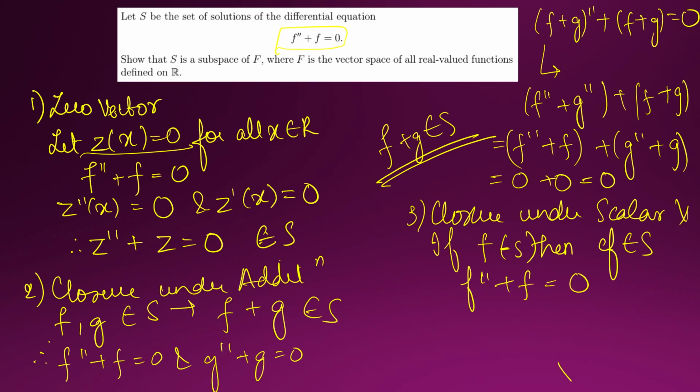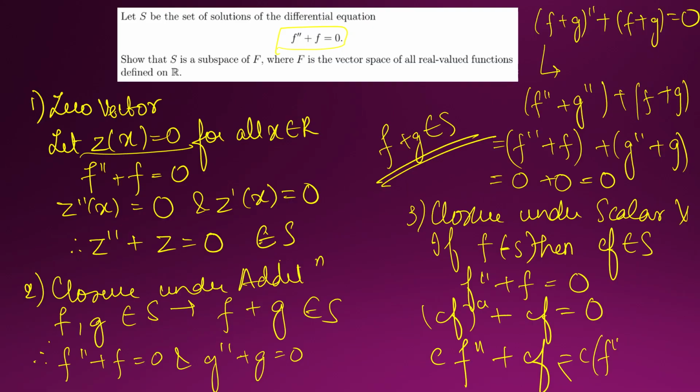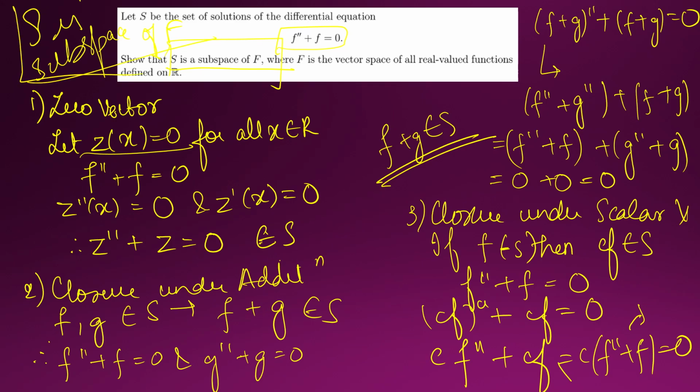Now we have to show that (cf) double dash plus cf equal to 0. Now in (cf) double dash, c can come out as it is a constant. So take c common, you get c times (f double dash plus f). Now this is 0, so it is equal to 0. Therefore, as these three properties are satisfied, S is a subspace of F. This is our answer.